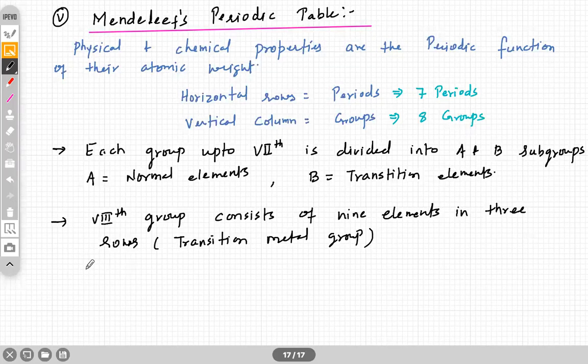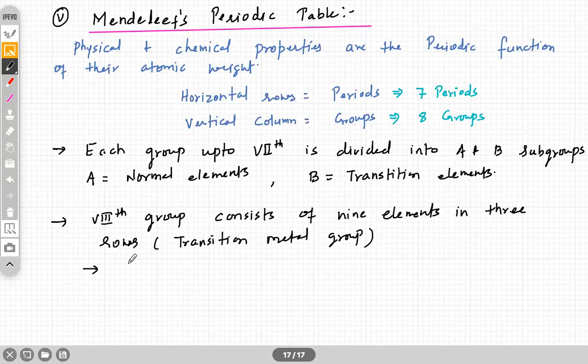Few drawbacks of Mendeleev, you write down. Position of hydrogen is uncertain. Drawback of Mendeleev, write down. Position of hydrogen he did not fix. It was uncertain. Right?